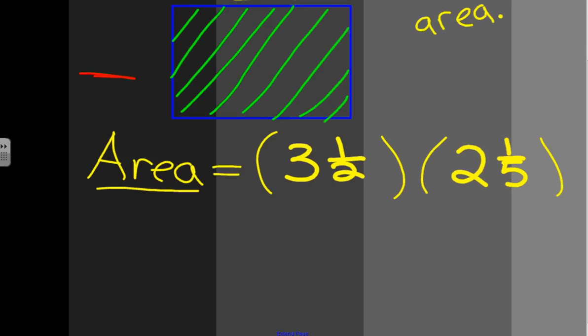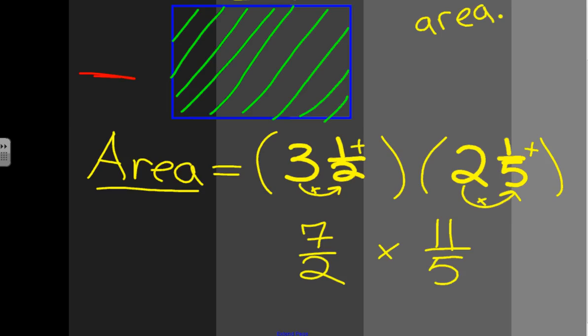I'm going to write 3 1/2 by multiplying 3 times 2 equals 6 plus 1 equals 7/2. And when I change 2 1/5, I'm going to take 2 times 5 equals 10 plus 1 equals 11/5.